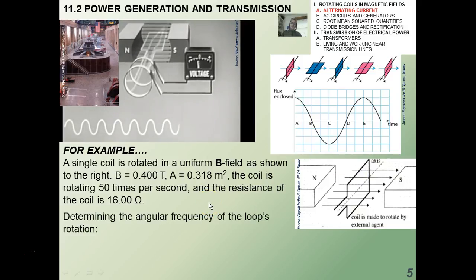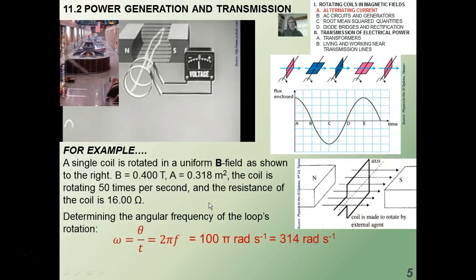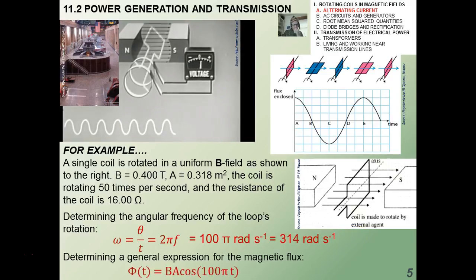First thing we have to do is determine the angular frequency of the loop's rotation. This is very easy, right? Because omega is 2 pi f, and you've been given that f is 50. That's 100 pi radians per second, or if you don't like dealing with pi, that's 314 radians per second, okay?